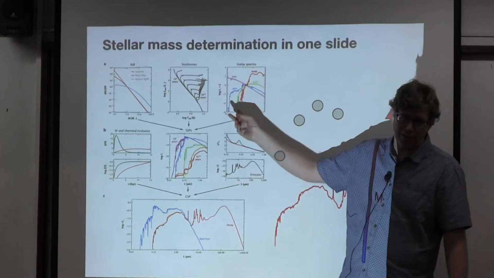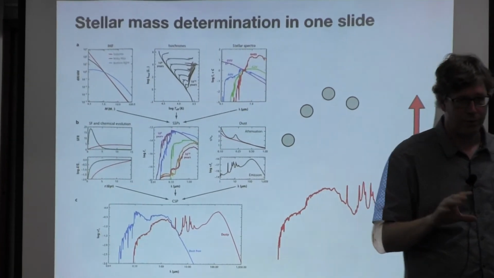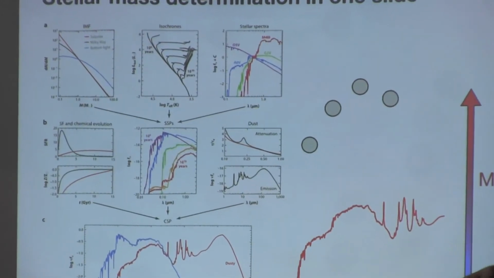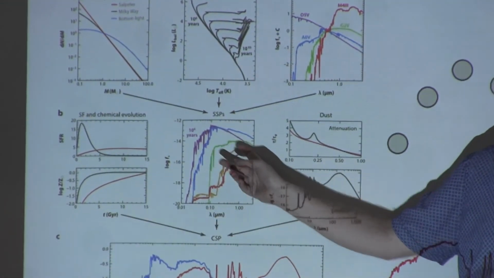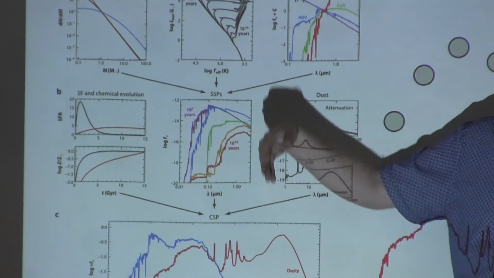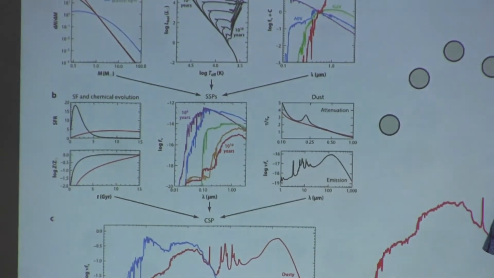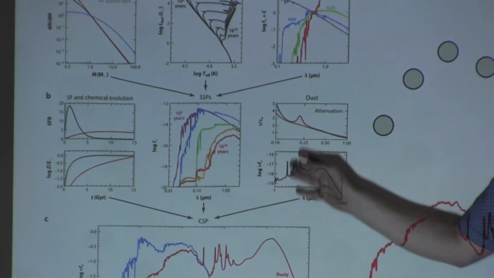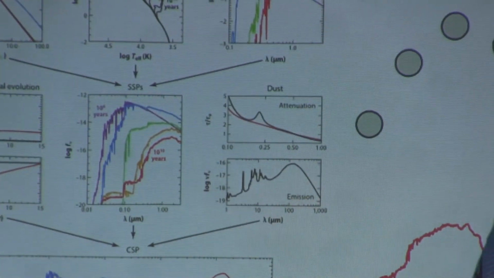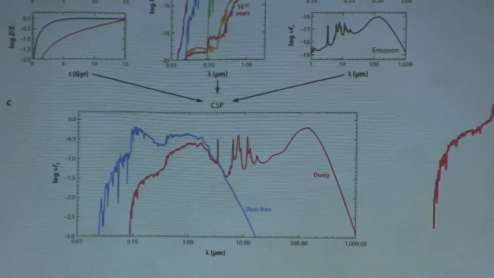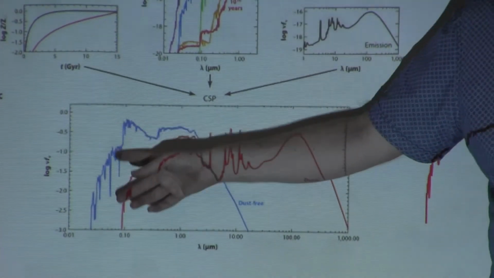And then you need spectra of stars of different temperatures. So you can combine those things together. You can then produce the spectrum of a stellar population as it changes with time. Single stellar population. You might add in other ingredients like chemical evolution, dust, etc. And finally, you give it a star formation history, and it looks like this.